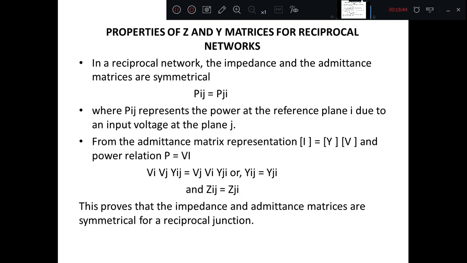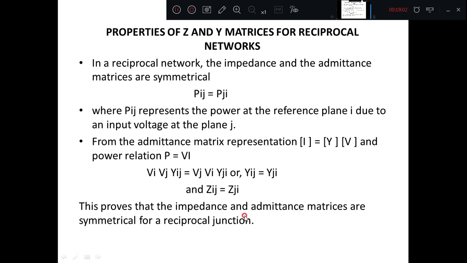Many network theorems you have studied, right? So in a reciprocal network, what happens is, if you measure the power from input port to output port, it is exactly symmetrical to when you measure the power from output to input, right?